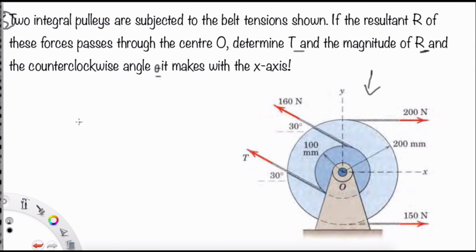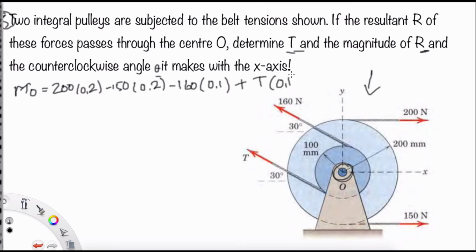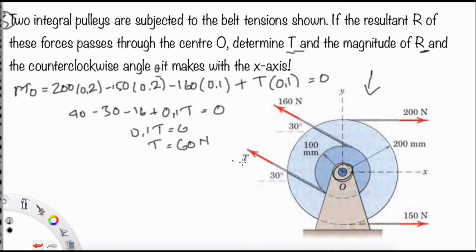So the first thing you have to find here is the moment at point O, because by using the moment at point O, we will get T. We will use F times D again, for many times.